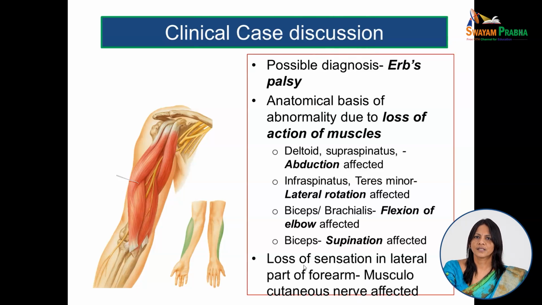And the musculocutaneous nerve, by its virtue of supplying sensation to the lateral aspect of the forearm, is compromised. Therefore, there is an area of anesthesia in the lateral aspect of the forearm because of this musculocutaneous nerve. So, this summarizes our clinical case discussion.